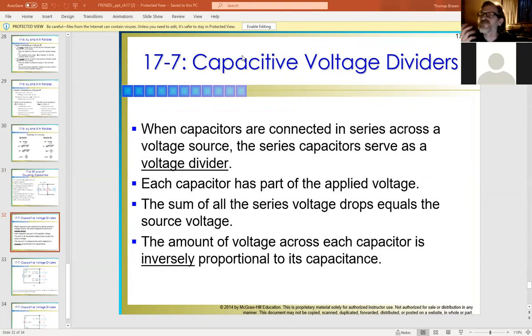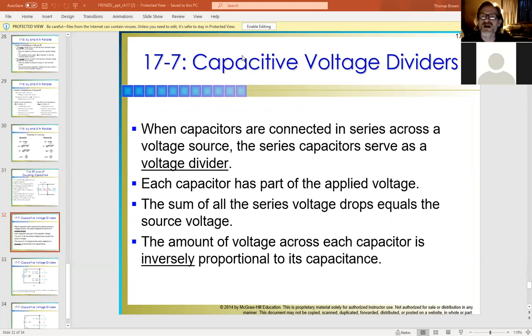So if you remember from the DC side, we did have voltage dividers. Well, that still very much applies to this as well. It's just a little different approach. So if we have capacitors connected in series across a voltage source, then those capacitors would serve as a voltage divider, because unless they were identical components, the voltages would not distribute evenly.